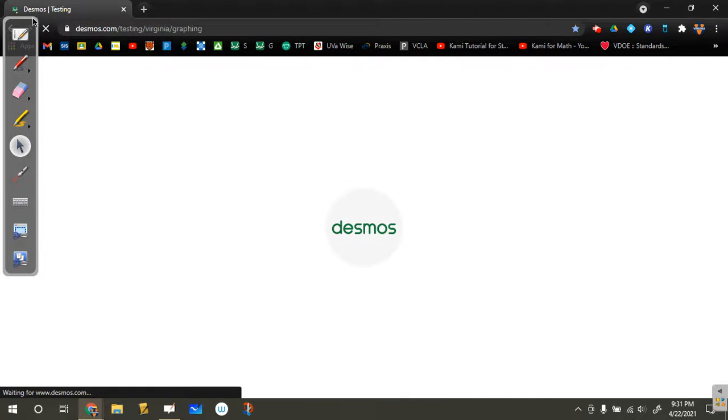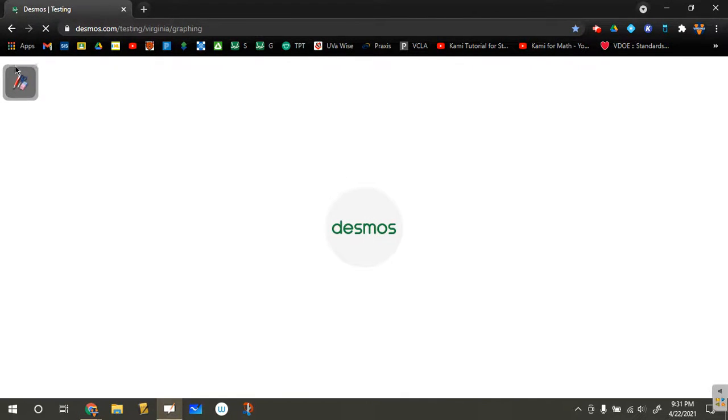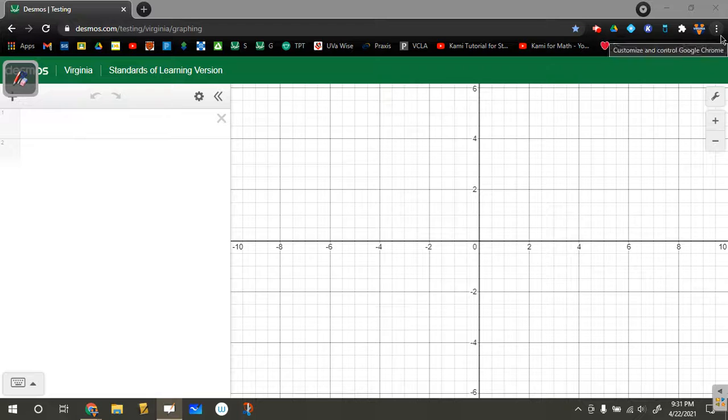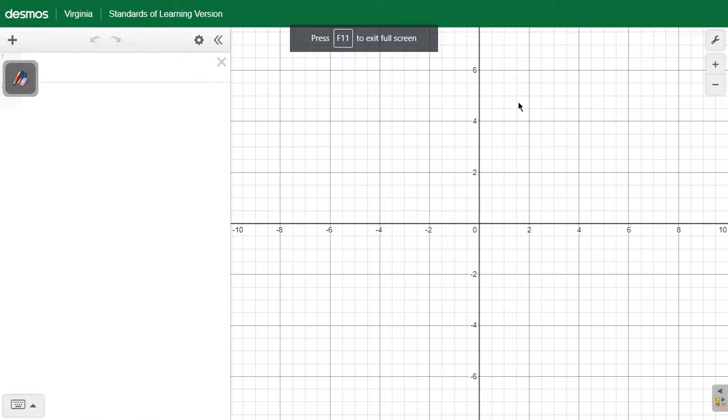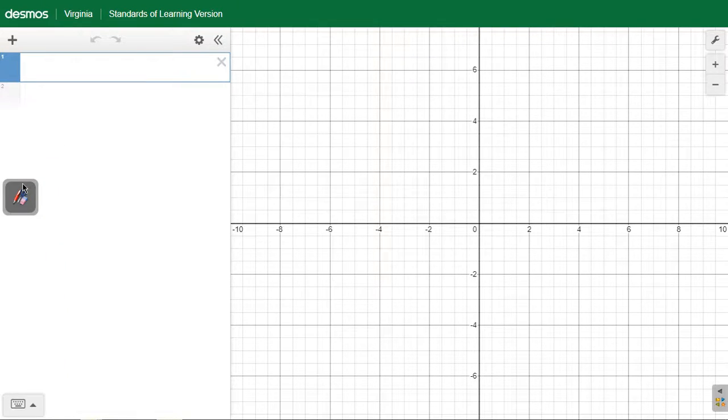Okay, so let me load up Desmos here. Graphing calculator. Let's go full screen here. So, all right, so graphing calculator. Well, let's just type in each one of these equations.